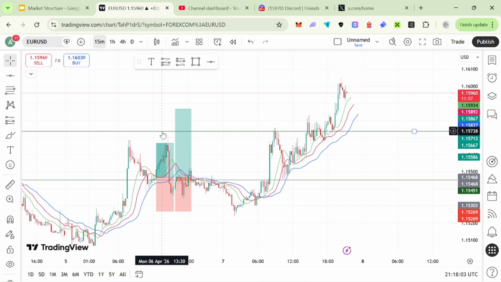Price almost never repeats a pattern exactly the same way. So you need to be able to identify structures, formation of new structures, new setups, new zones, and all of that, so you can properly manage your trades to be consistently profitable over time.